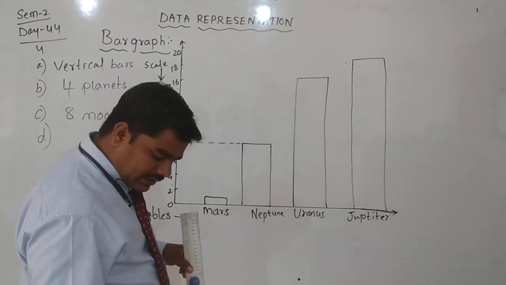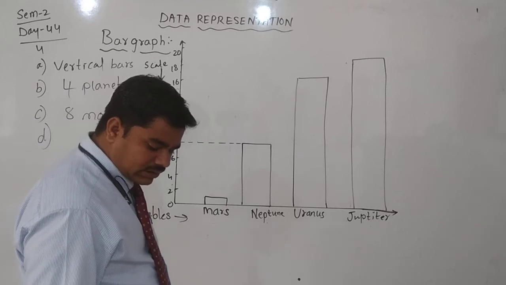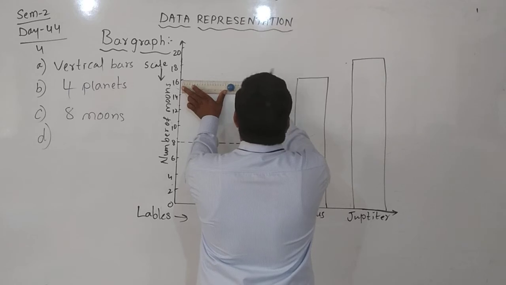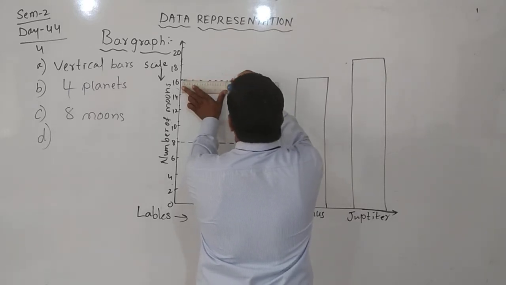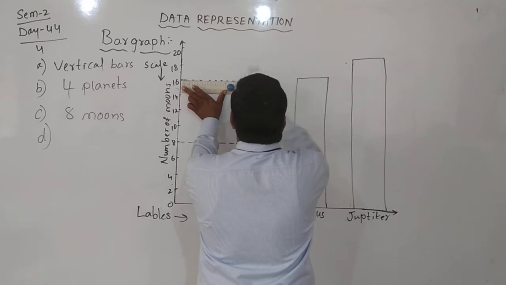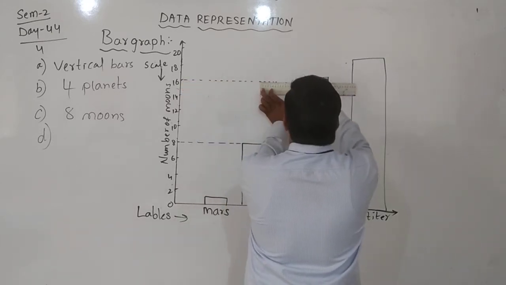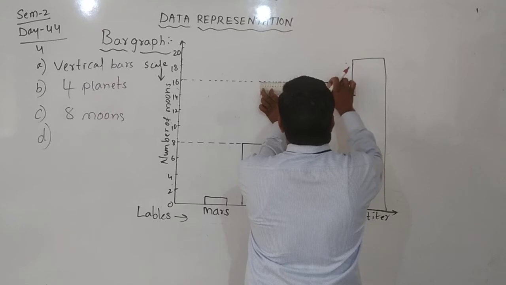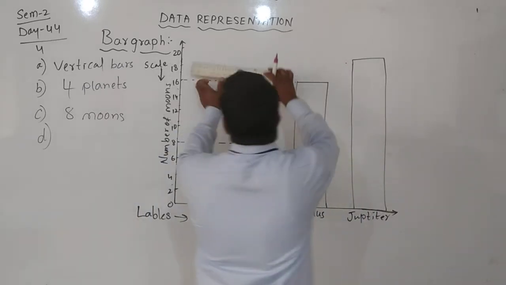The next question is, which planet in the graph has the most moons? Here this is the graph of 16 moons, that is Uranus.